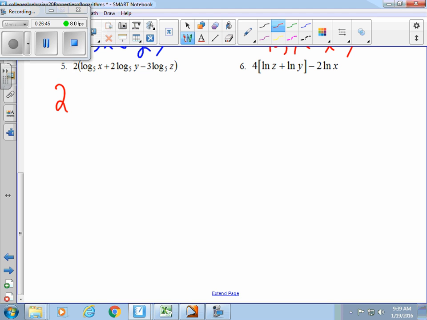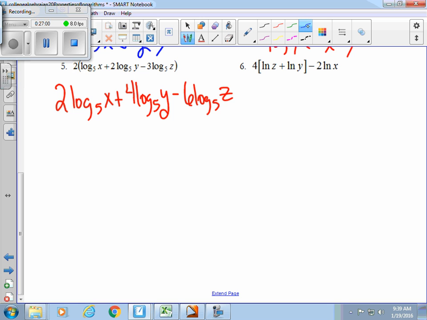2 log base 5 of x plus 4 log base 5 of y minus 6 log base 5 of z. Step 1, I put the 2 in with everything. And then what? Get rid of all the numbers by changing those into exponents.